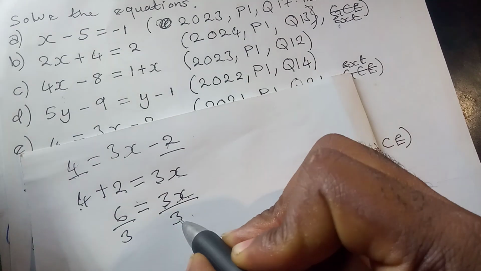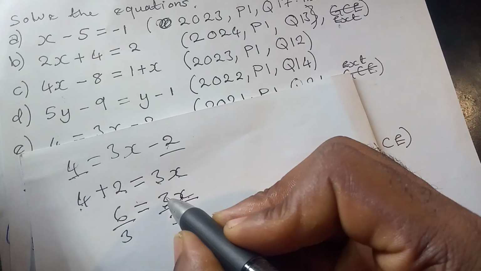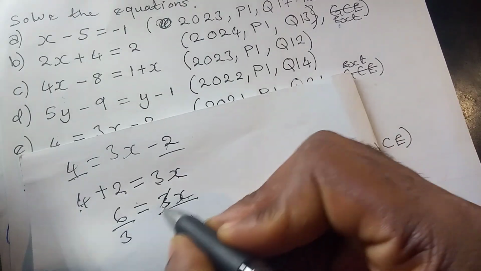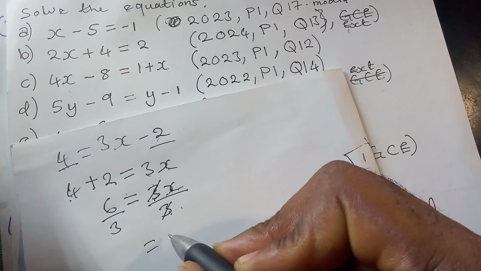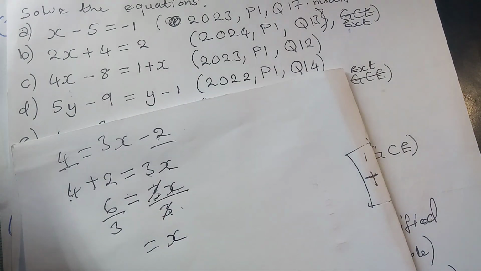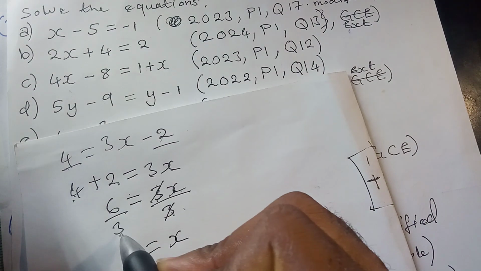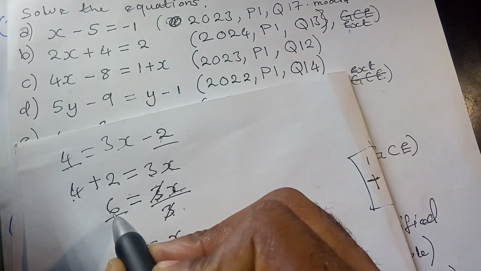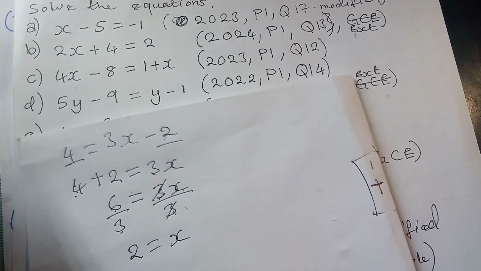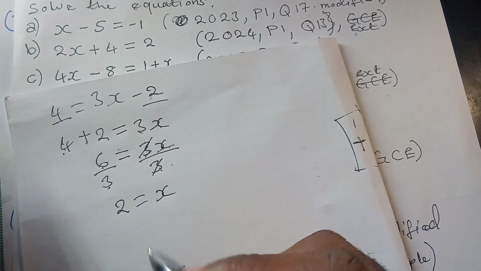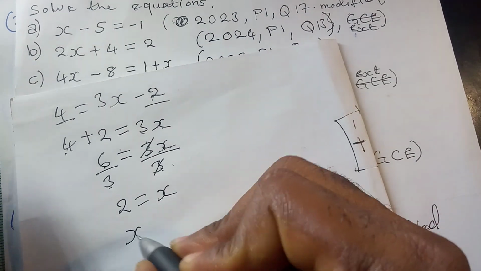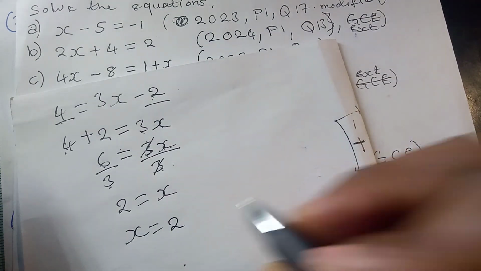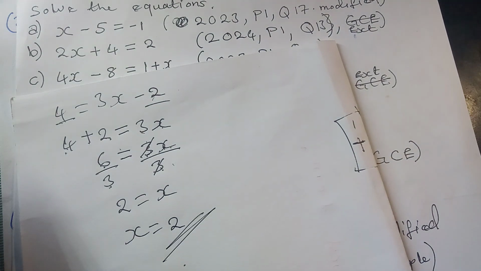So you can say 3 into 3 is 1, which we normally just say is equal to x, like this. So now 3 into 6, this is a 2. So now instead of leaving it like this, it's better to write it as x is equal to 2, and then you can end there.